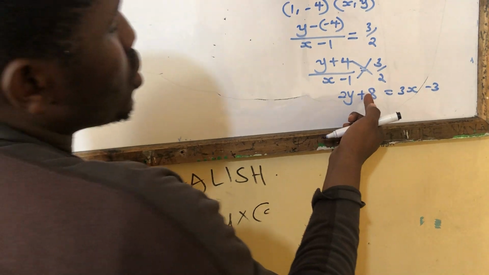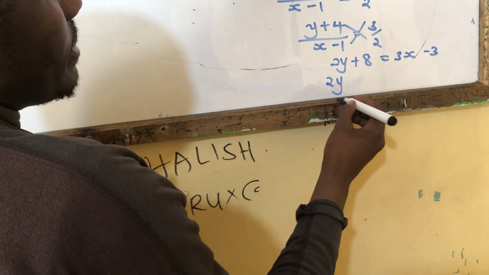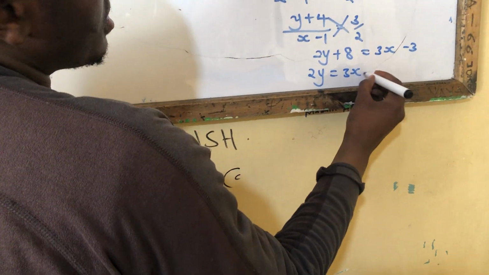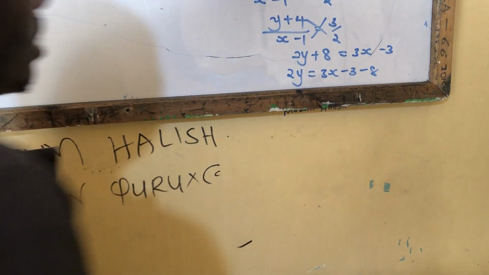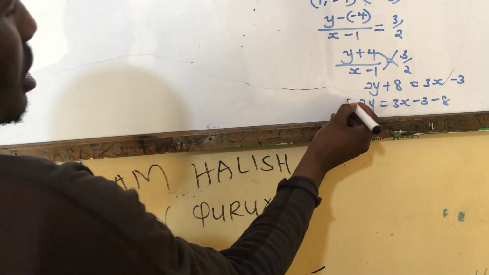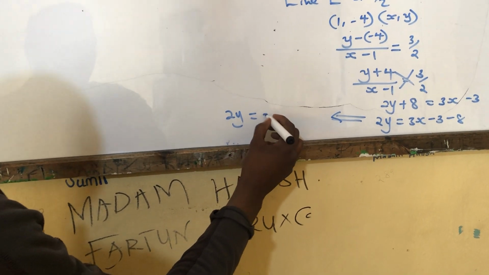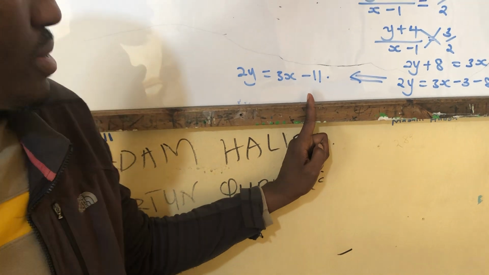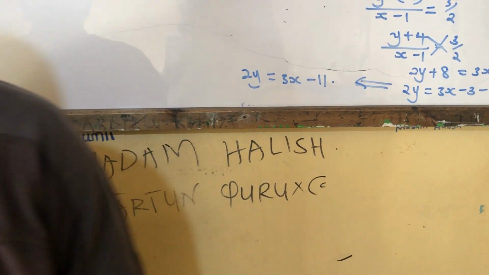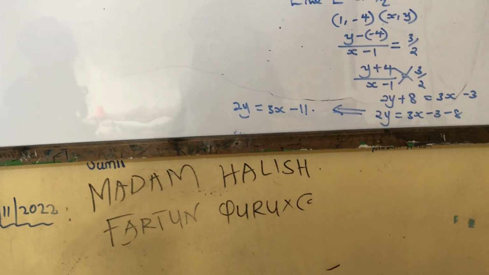The 8 will then cross over to the other side of the equal sign, leaving us with 2y is equal to 3x minus 3 minus 8. And -3 minus 8 should then give us 2y is equal to 3x minus 11. This becomes the equation of line P.